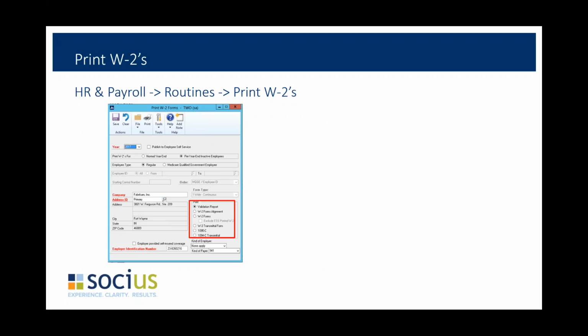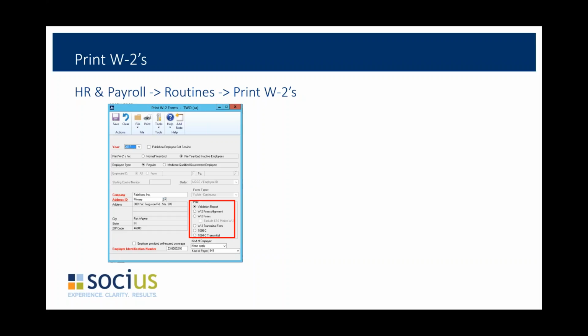This is the window. Once you've edited your W-2s and are ready to go, this is the window where you can actually produce the forms. A couple of things I highlighted here: you're certainly going to select the year for which you're going to do this, but you'll notice in the bottom right-hand corner there's an area for printing, and there's a validation report.